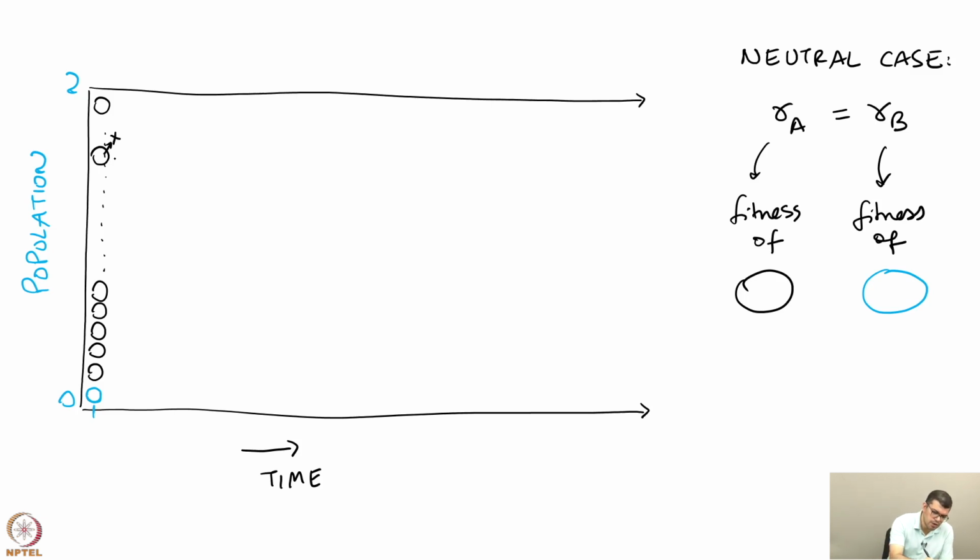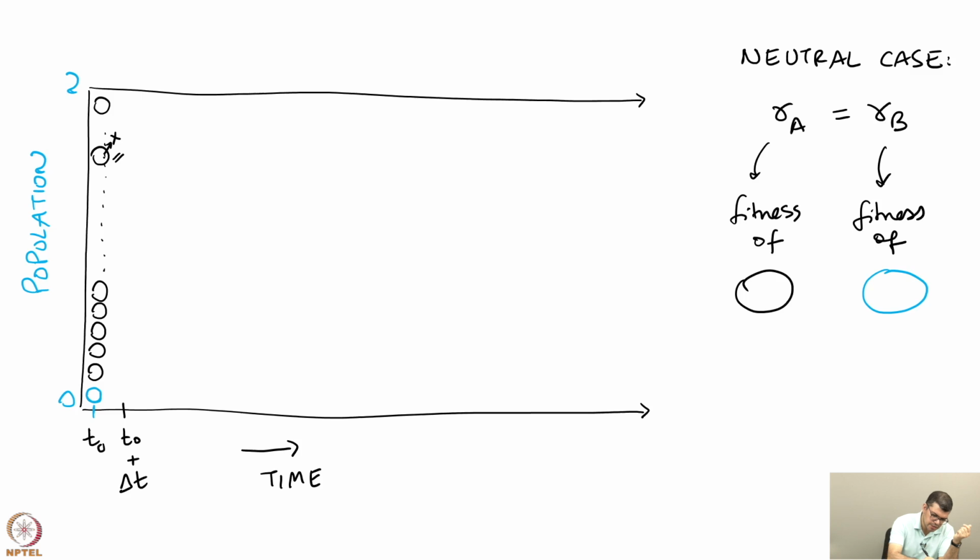So, this individual is washed away and is not represented in the next instant of time. This is at time t naught and this is at time t naught plus delta t. So, in this delta t time, one Moran process has taken place, which means one of these individuals has been washed away from the system and one of these individuals has reproduced.